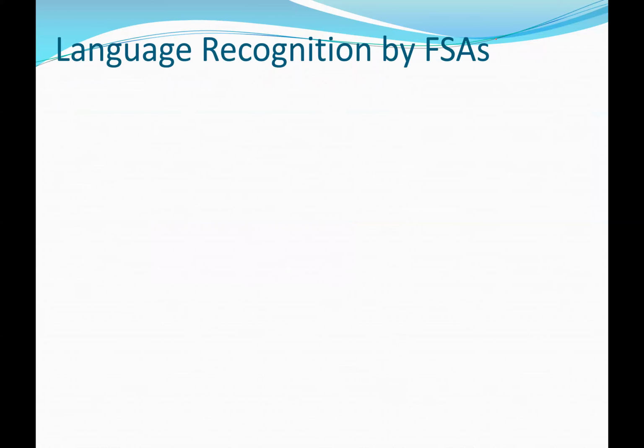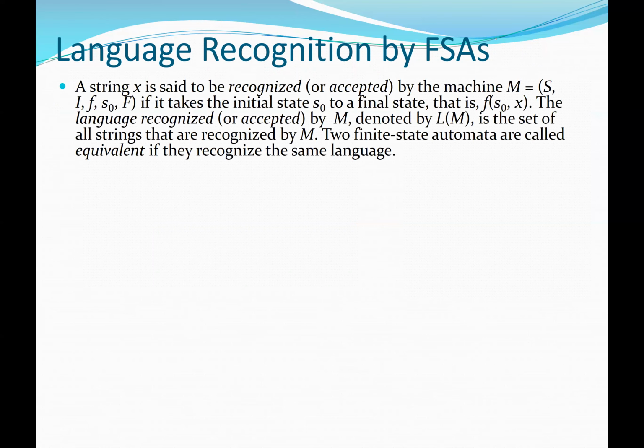So now the language recognized by the FSA. All right, so suppose we have the string x. If it can be recognized or accepted by the machine, if it takes the initial state S0 to a final state. That's it.